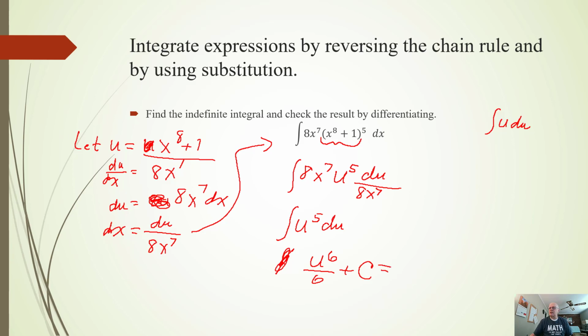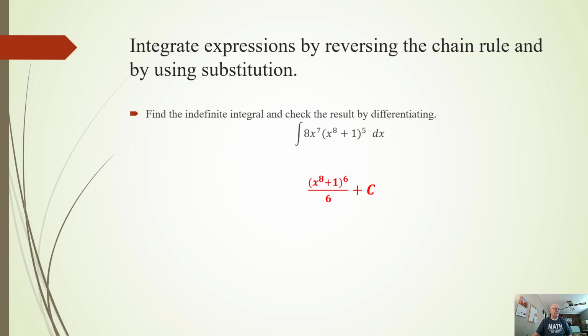So our final answer would be u to the 6th, which is x to the 8th plus 1 to the 6th power over 6 plus c. And we've got our first one. There's our answer.